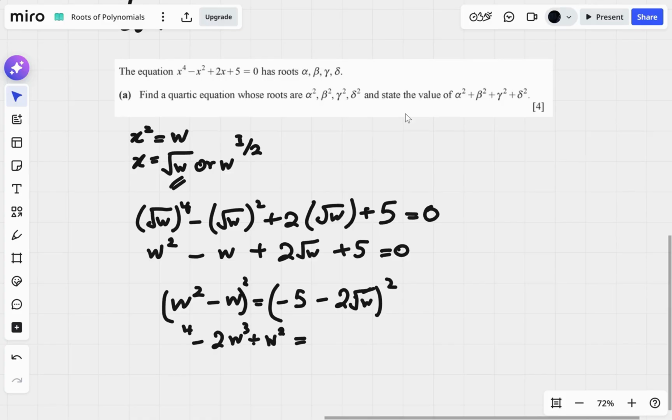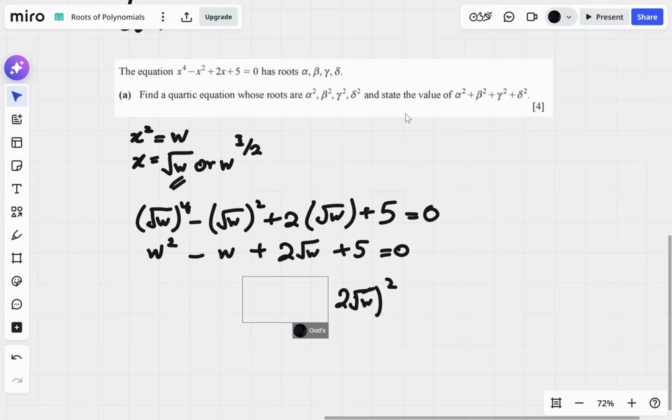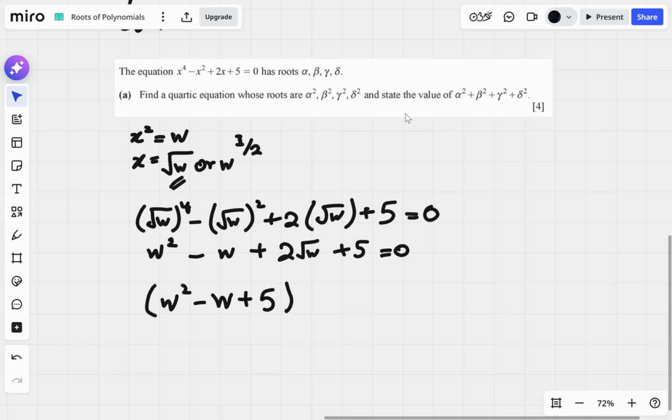We can see that this method would not work because that would be tedious. So let's go back to our three terms method. That would be tedious, but it would work in this question. So this would become w squared minus w plus 5, and let's just square it, and it's going to be 2 under root w squared.